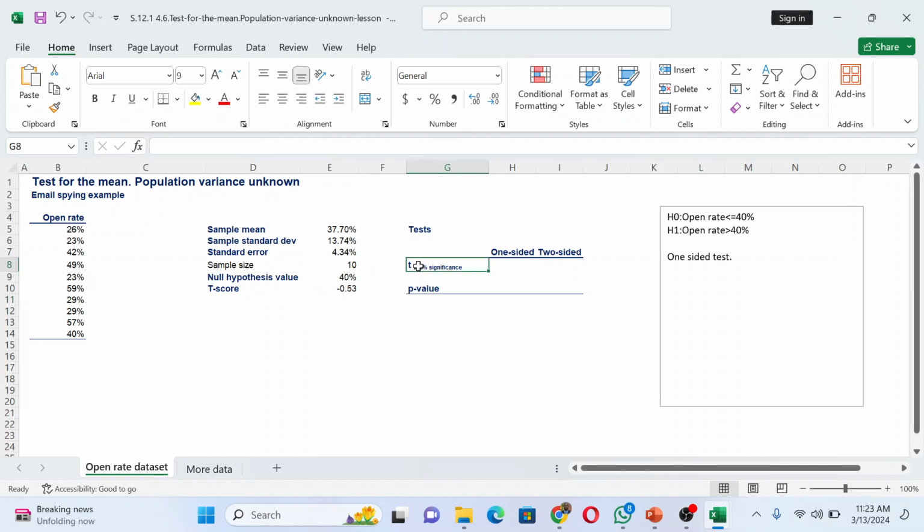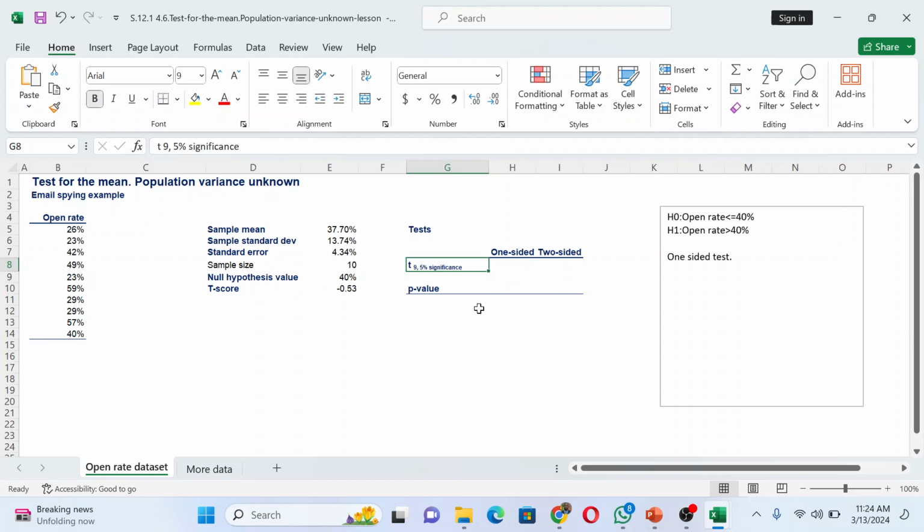Given that we are testing this at 95% confidence level, our significance value is 5%. And given that it is a one-sided test, we are not going to divide the 5% by 2. And another thing, it is a t-statistic, so our degrees of freedom is n minus 1. So 10 minus 1, it is 9.